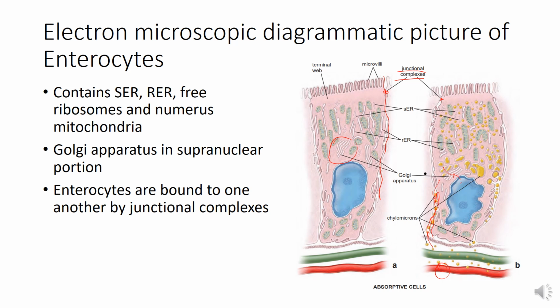Now these chylomicrons cross the membrane and are absorbed into the lymphatic channels known as lacteals. So the other nutrients are absorbed into the blood vessels, while the fatty acids and triglycerides are absorbed into the lymphatic capillaries known as lacteals, which are present in the villi.